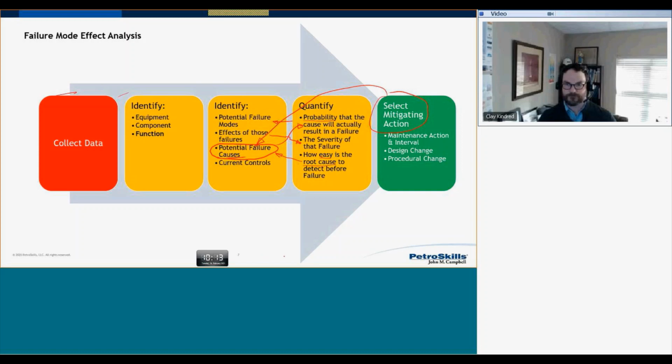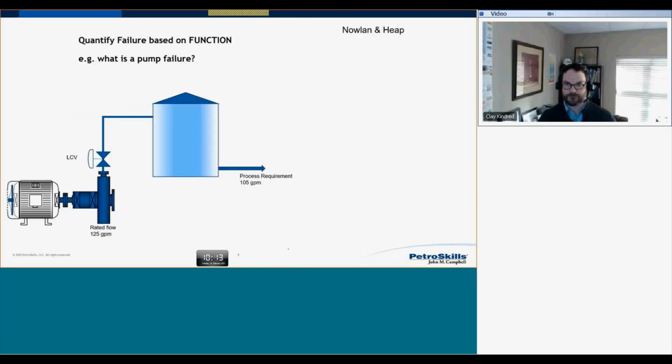Okay, so let's have a look at a basic system. Now, again, I said I'm working on a pump. And the first thing I want to do, because we're talking about an FMEA, is identify my equipment. So here we've got a pump. This pump has a rate of flow of 125 gallons per minute.